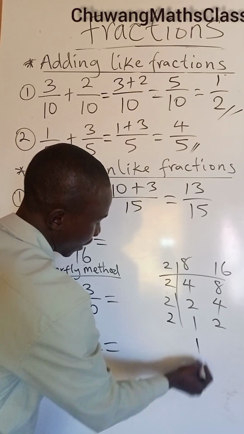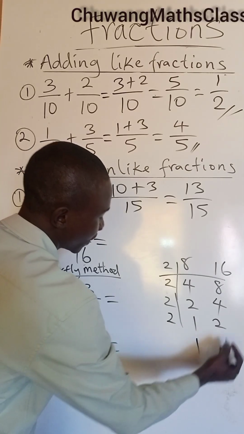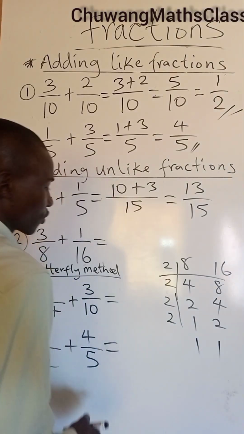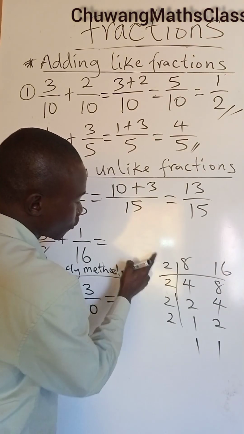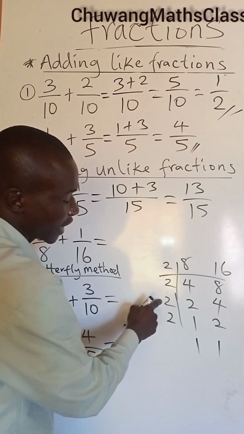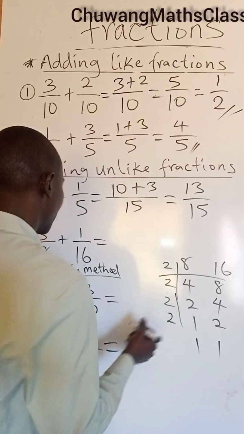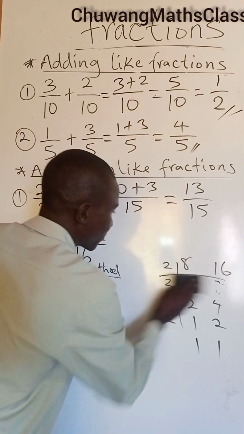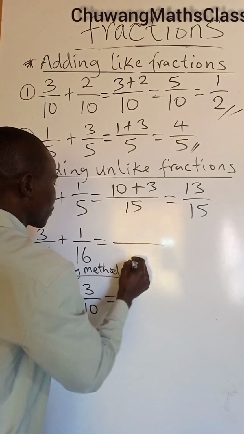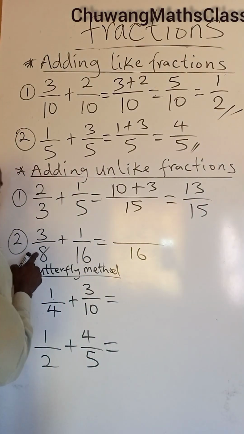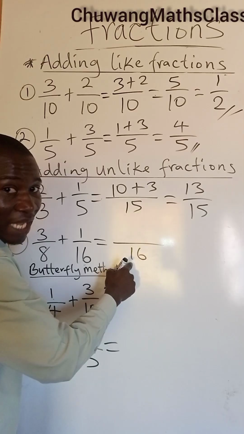So here is 1, and 2 into 2 here is 1. So the LCM is 2 times 2 times 2 times 2. 2 times 2 is 4. 4 times 2 is 8. 8 times 2 is 16. So 16 is the LCM. So the 16 that we've gotten, you write it here. So 8 into 16 is 2 times.